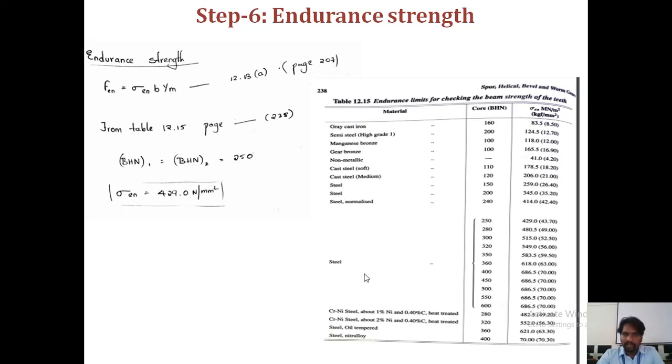BHN is 250, and for that sigma endurance is 429.0 Newton per mm square. So take sigma endurance from this table if it is not given in the problem. B is known, Y is the Lewis form factor, and m is the module. So F endurance is 93.48 kilonewton.